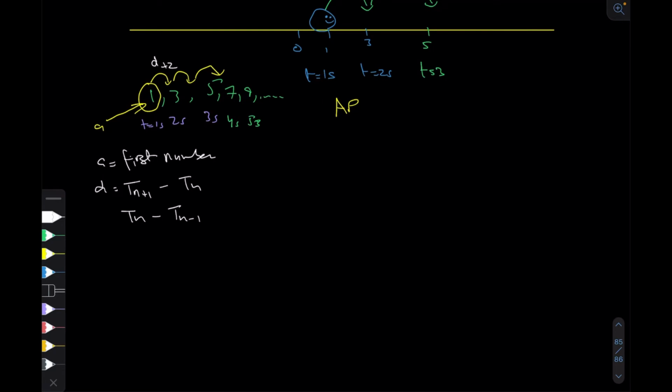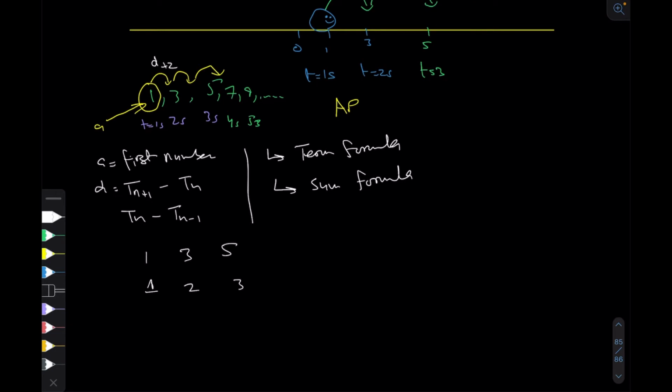All right. So in APGP, there are just two things to remember. Number one is the term formula. Number two is the sum formula. The term formula is a formula with which you can calculate the value of a term. In this particular progression, the first term has value 1, the second term 3, the third term 5, and so on.